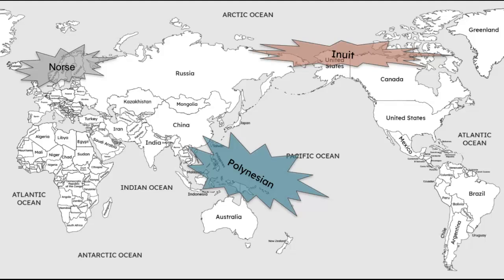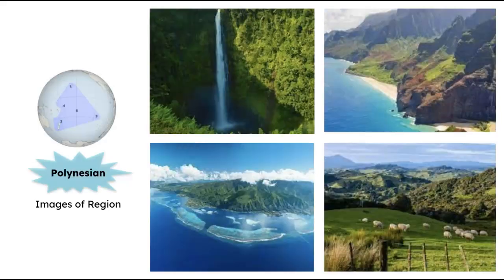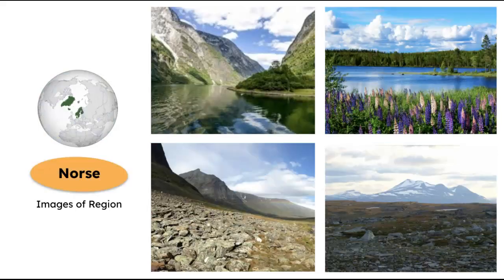As they point them out, mark the locations on the map. As they point out each location, you'll name the group that lived there, show the images of their location, and you'll discuss the water in the images and whether it is liquid or frozen.